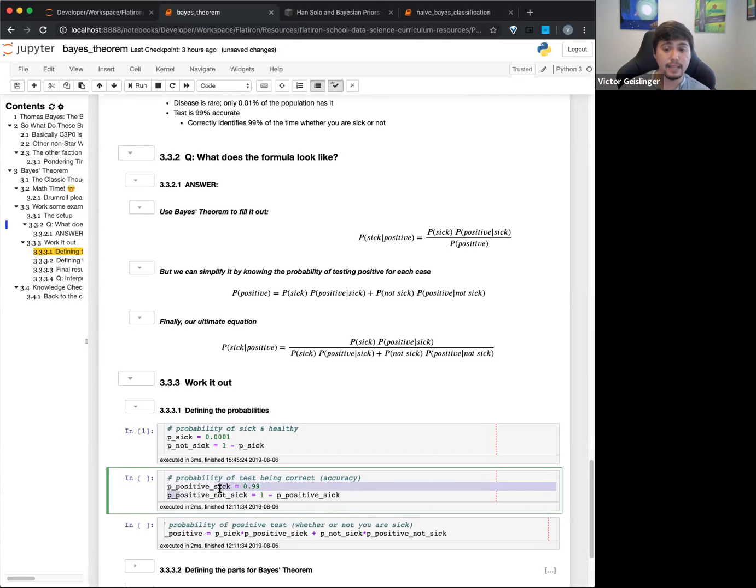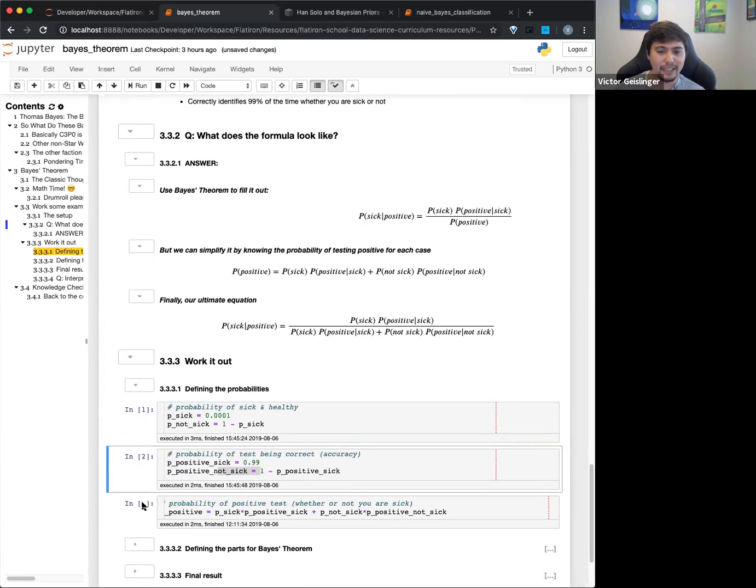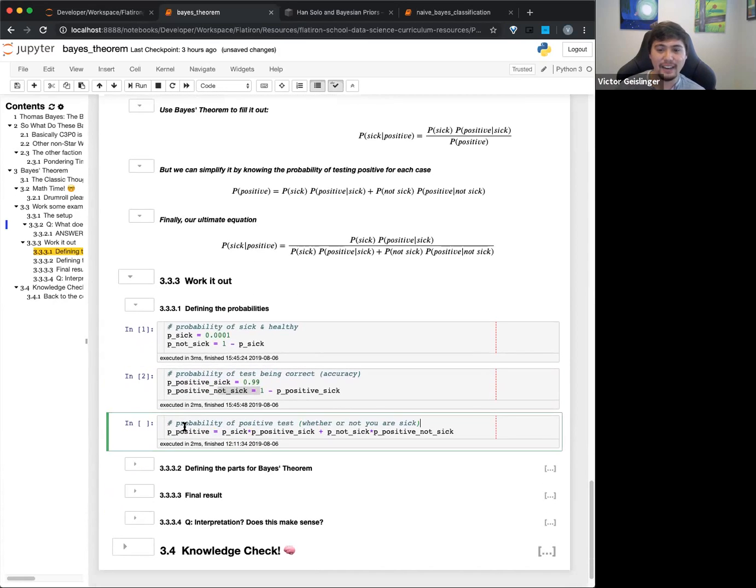The probability of testing positive such that you're sick is going to be 99%. The probability of testing positive but you're not sick is going to be 1 minus the probability of positive such that sick, right? So you can see this notation is very verbose, but also still hard to say. And then our last part is going to be the probability of being positive.